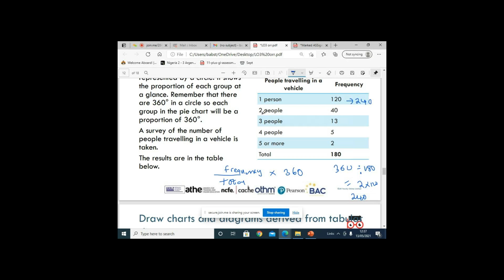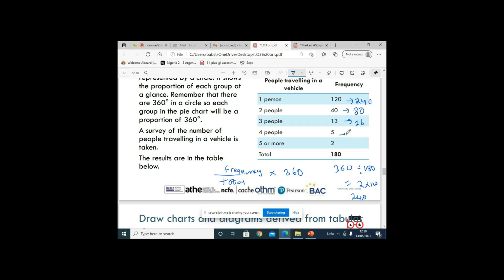So what's the angle for 2? You divide 360 by 180 and you get 2. Now do 2 times 40, that gives you 80. What would this one be? It's going to be 26.